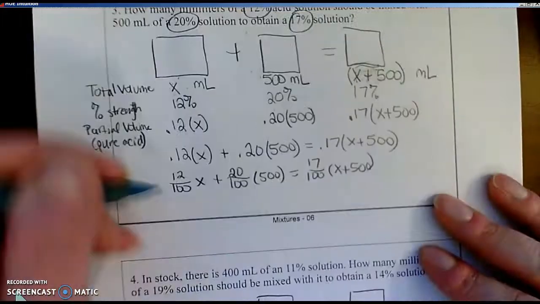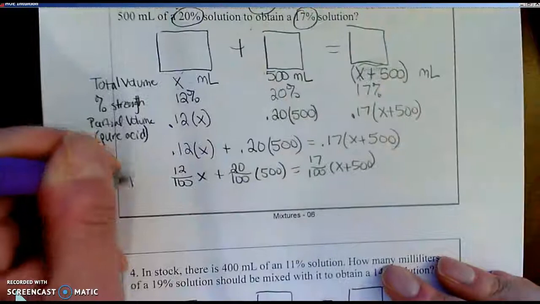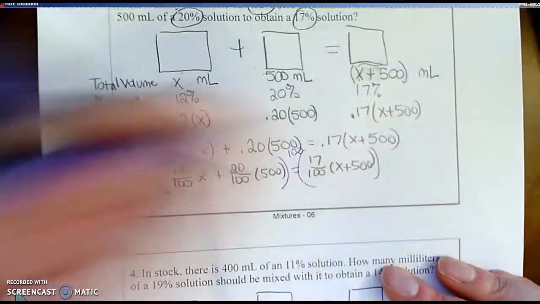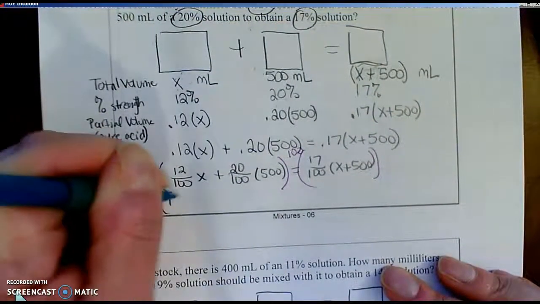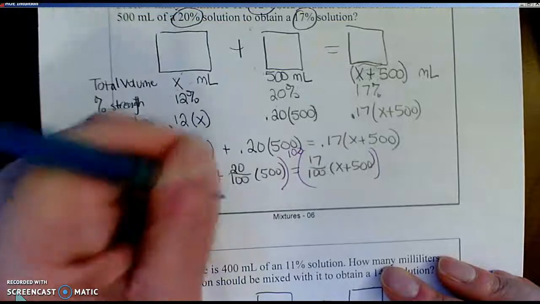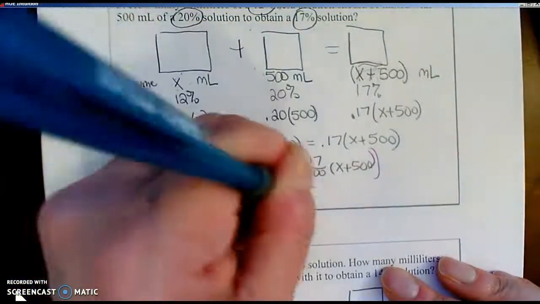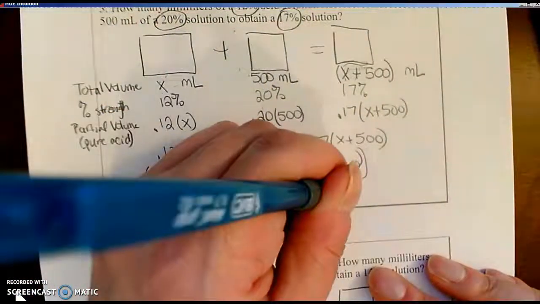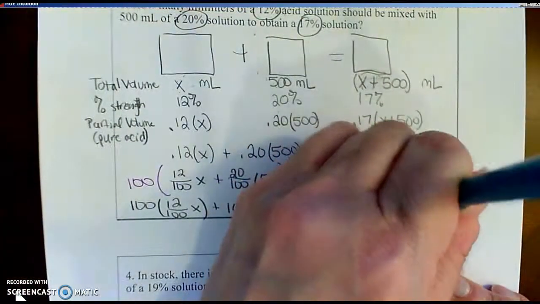This is going to work, because I'm going to do the same thing to both sides of the equation, which is to multiply and distribute by 100. So here, this is going to be 100 times 12 over 100 x plus 100 times 20 over 100 times 500 equals 100 times 17 over 100 times x plus 500.